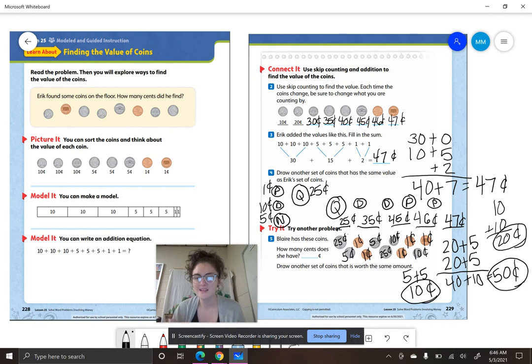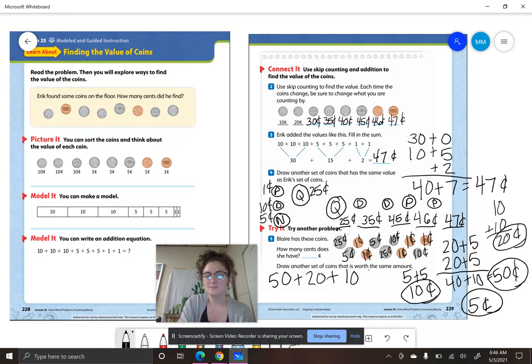Gonna circle it. And I had 1, 2, 3, 4, 5 pennies. I'm just gonna go ahead and write 5 cents right here. Now, I have to put all of this together, Smarties. So I am going to write 50 plus 20 plus 10 plus 5.